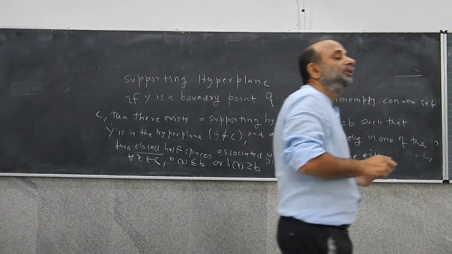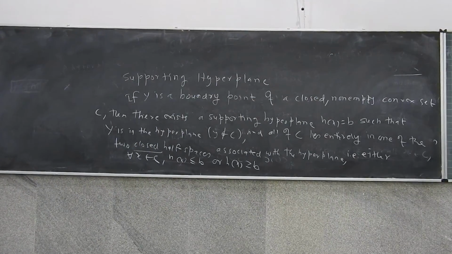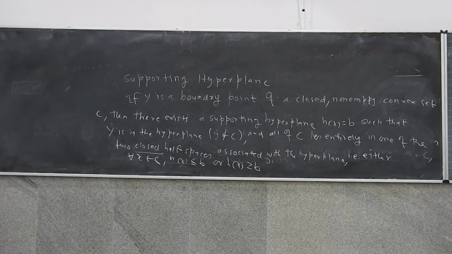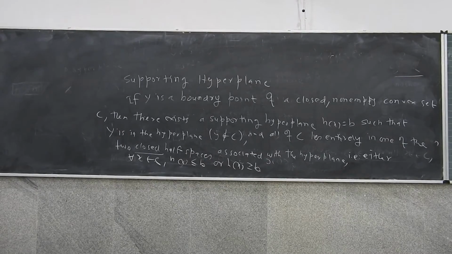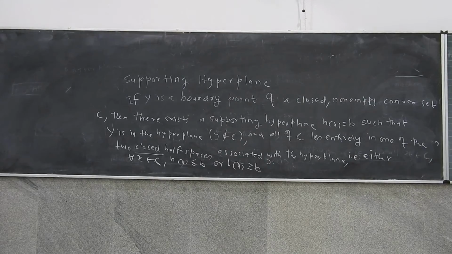Okay, so what is the difference? The difference is, now I made the half spaces closed: either h of x less than or equal to b or h of x greater than or equal to b.